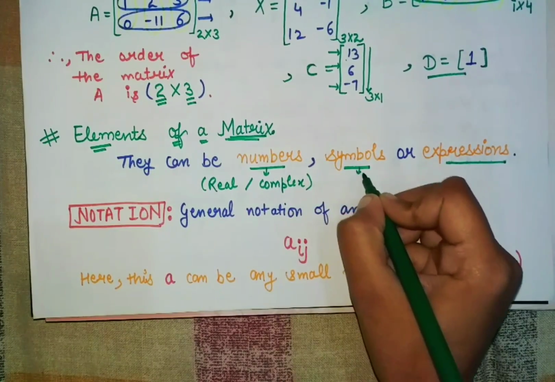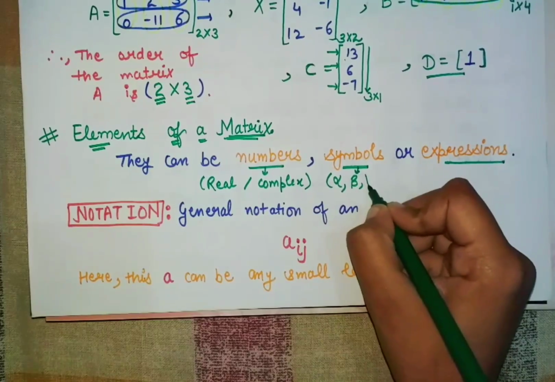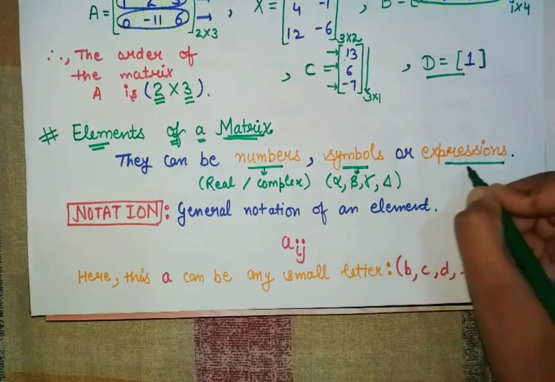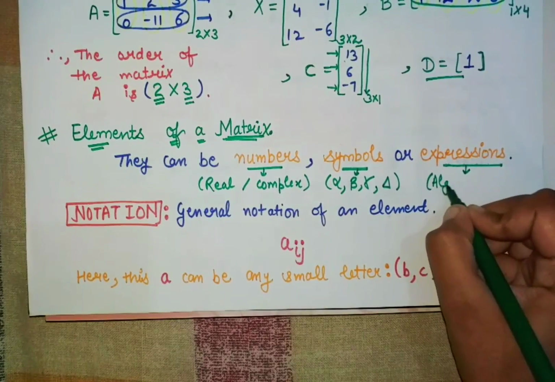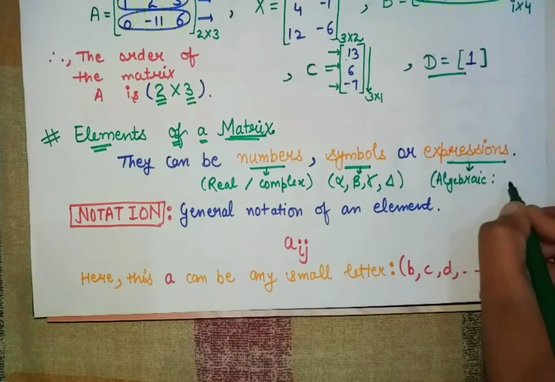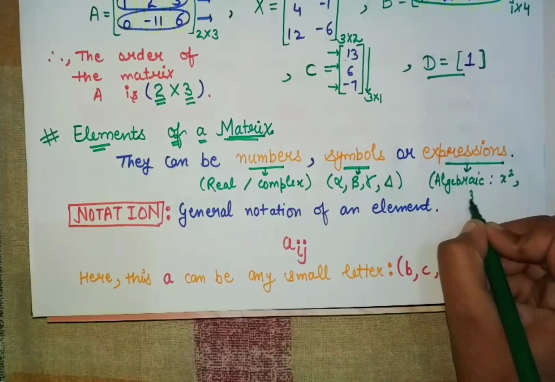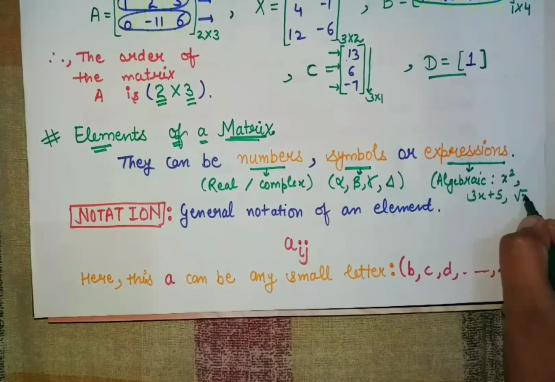Symbols can be alpha, beta, gamma, or del. Expressions can be algebraic, for example, x square, 3x plus 5, or root x.